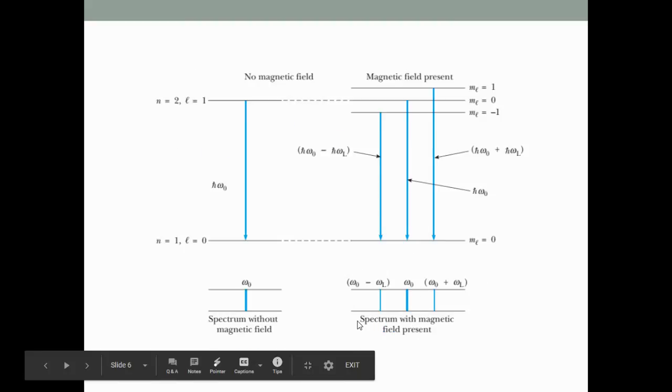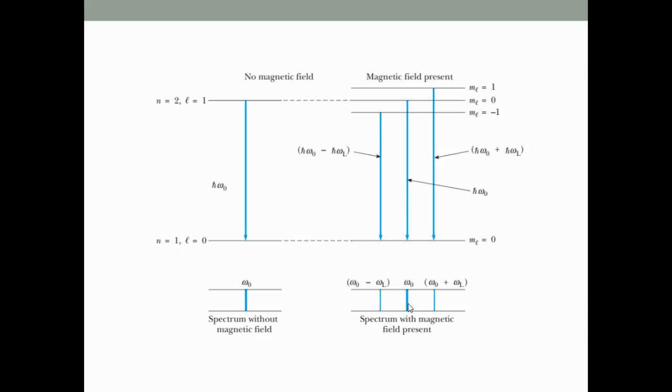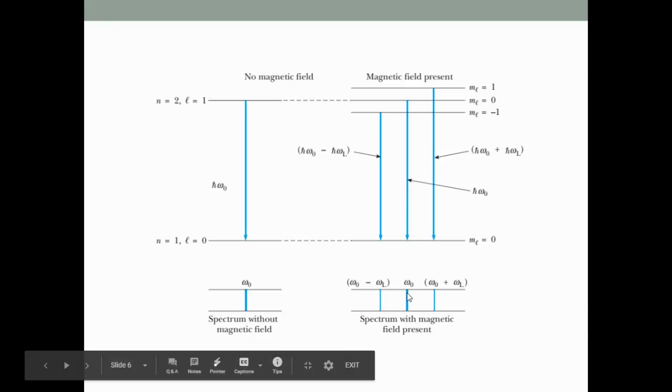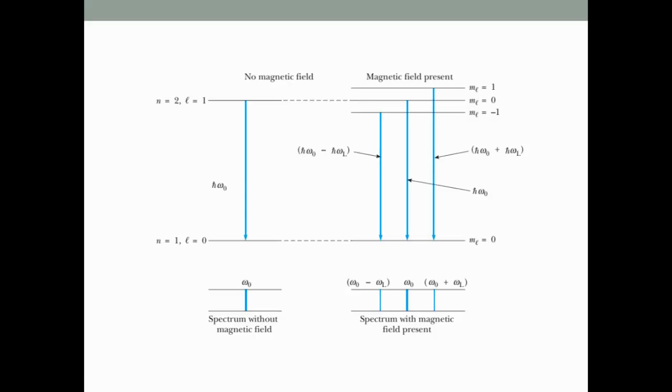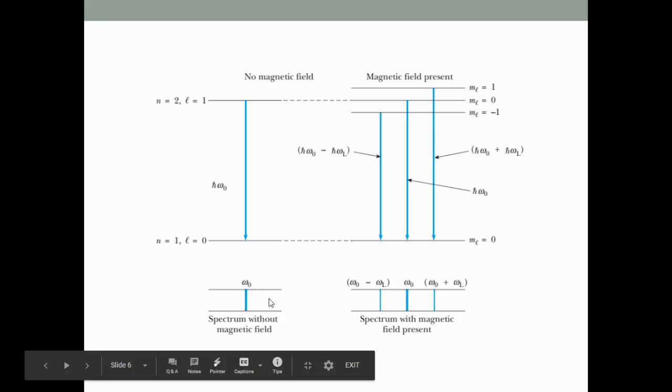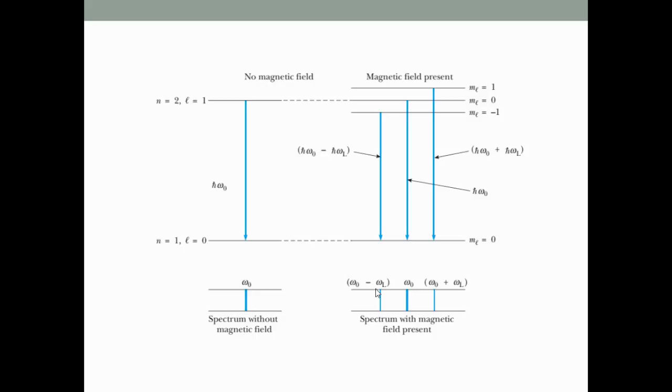But the most prominent thing is that there are two frequencies on either side of the central frequency, that is omega 0 plus or minus omega L. Omega 0 plus omega L here, omega 0 minus omega L here. So we can say that there is splitting of spectral lines with the presence of the magnetic field. That is, one line is split into 3. That splitting by the magnetic field is known as normal Zeeman effect, named after its discoverer, Peter Zeeman.